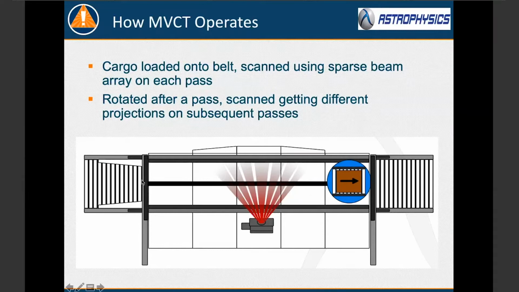as it goes through. What happens at the end of a pass is there's a rotating stage that the object can be rotated by a variable number of degrees, and then a reverse pass can be sent through. As the object goes through, you collect different radiographic projections of the object along the way. A third pass can go through, etc., and each of the passes collects radiographic projections.